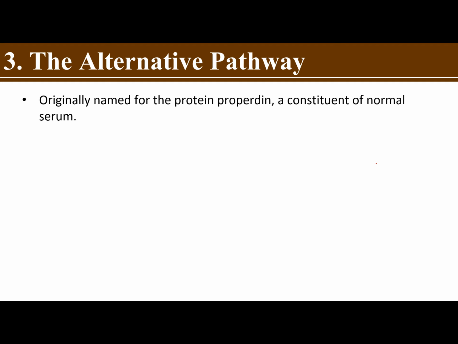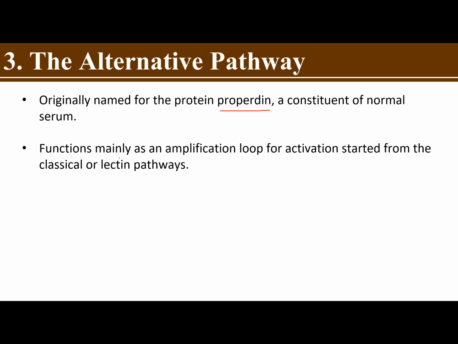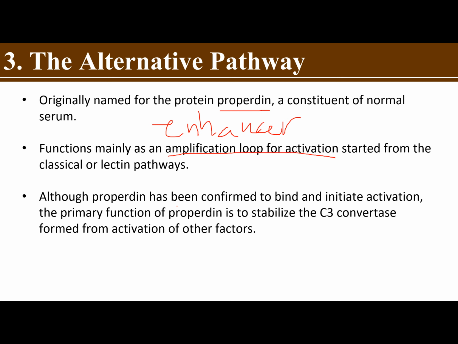All right, let's go to the last pathway, class, the alternative pathway. This was originally named, class, for the protein properdin. This is a constituent of normal serum, class. It functions mainly as an amplification loop for the activation started from the classical or lectin pathway. So this is somewhat, class, an enhancer. It enhances the classical and lectin pathways.